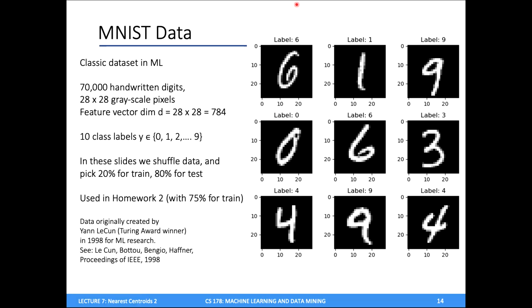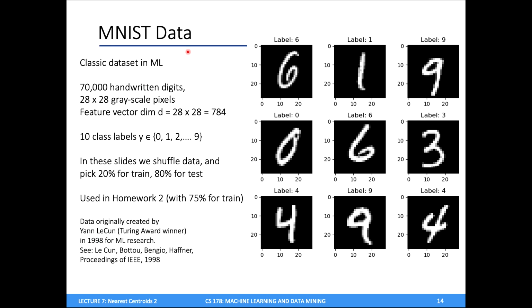Okay, I'd like to introduce you guys now to a fun data set called the MNIST data set. It's a very well-known classical data set in machine learning. It originated back in 1998, so this is an ancient data set by machine learning standards. If you guys have heard of Yann LeCun, a very famous ML researcher, he originally introduced this data set. One of the big names in machine learning.